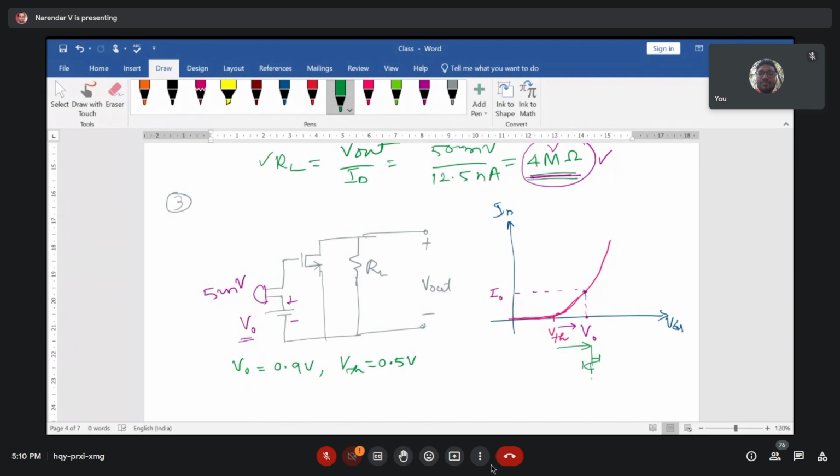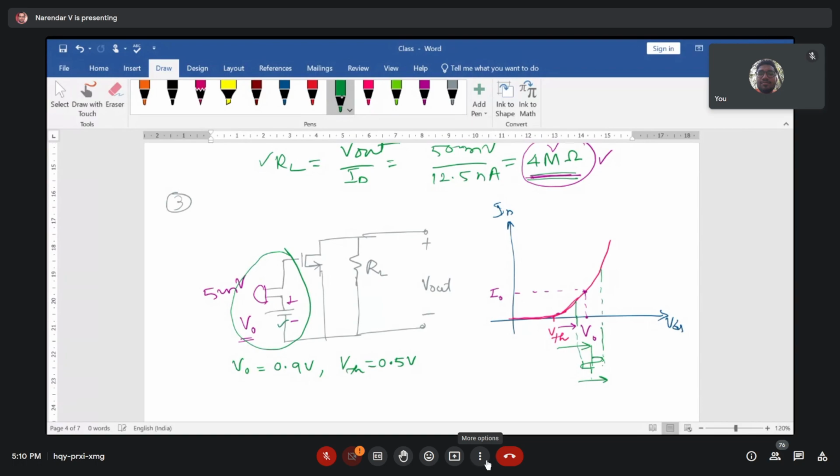If this is the case, then what is going to happen? These are the points where you can notice that, right. So this is your analog signal that you are applying, which is sitting on your DC, right? So this is the part that we are talking about here.